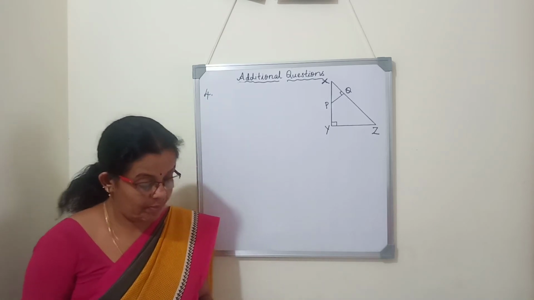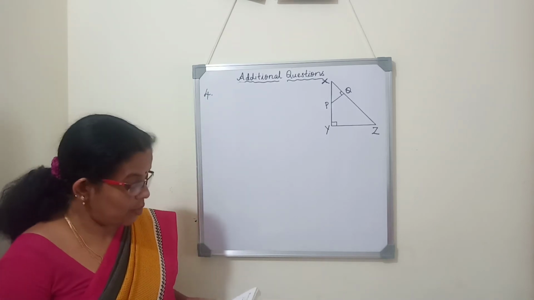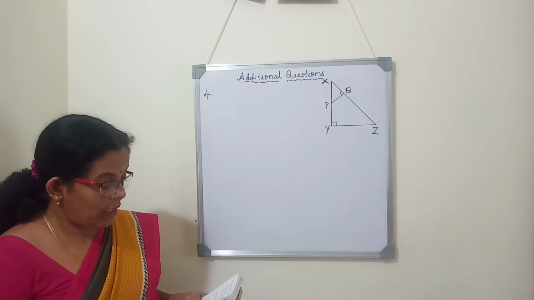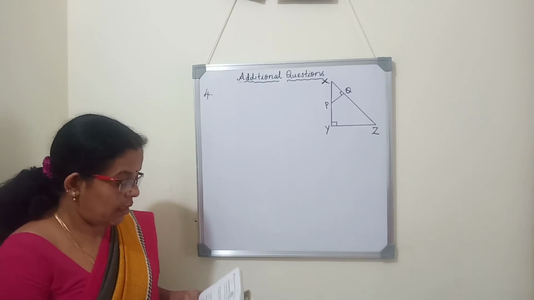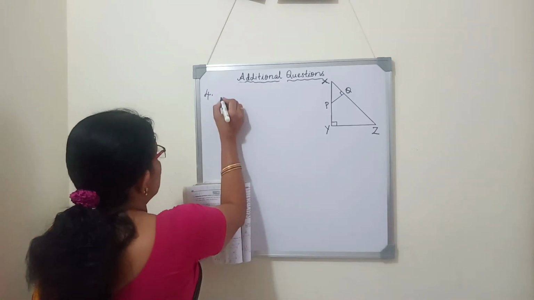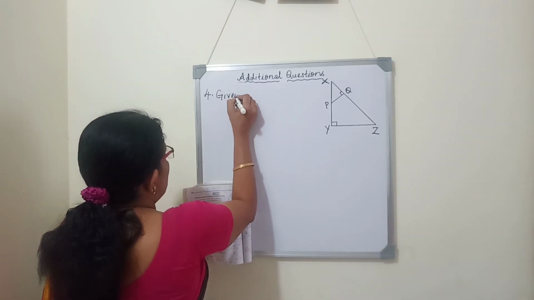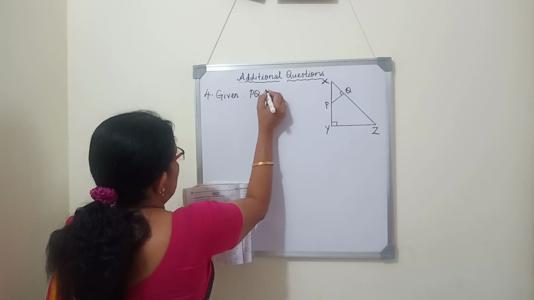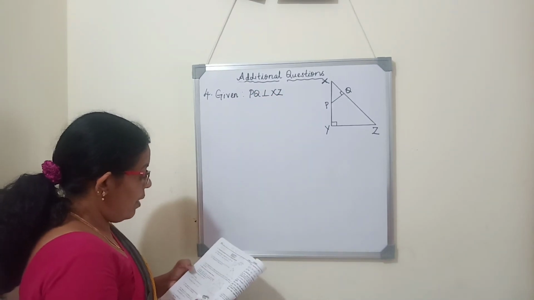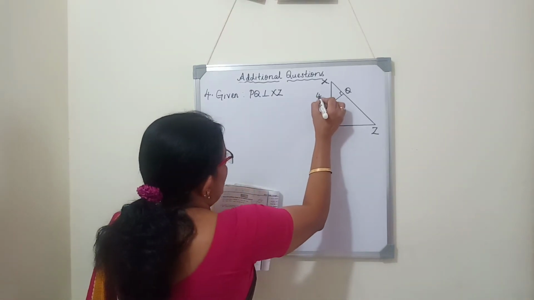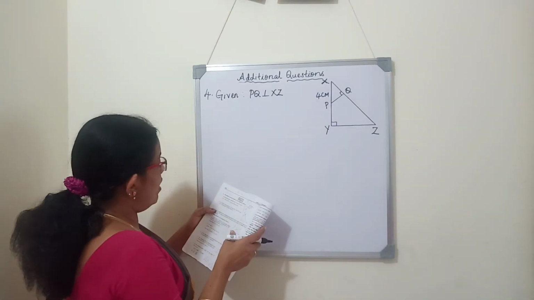Fourth question. In triangle XYZ, P is any point on XY and PQ is perpendicular to XZ. XP is 4 cm.